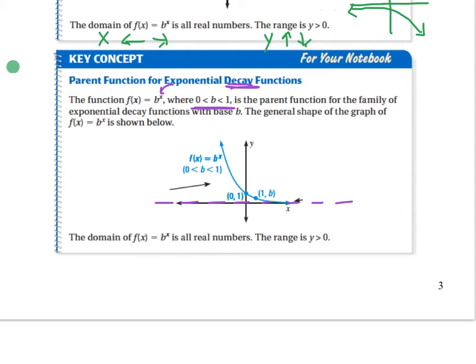It's just stationed there at your x-axis. But for decay functions, if you guys look at this, as we move from the left to the right, it's approaching your asymptote. So for decay functions, as you move from left to right, your graph is going to approach your asymptote instead of go away from it.